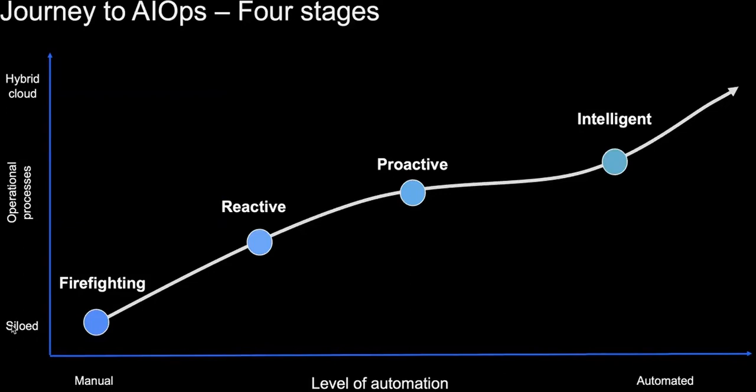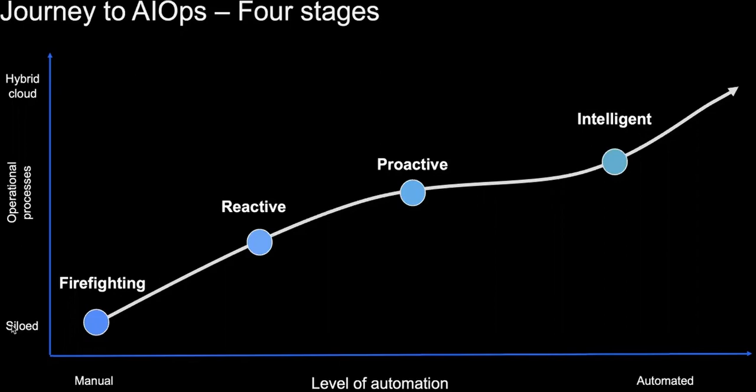Here is a diagram we use to help people understand the differences between how they might be doing things today, where they aspirationally want to get to, and what we think is going to be needed in the future when you're looking at things such as performance and operations generally. It's fairly simple to understand. There are 4 stages here. On the bottom left we have firefighting, and we all understand what that is.